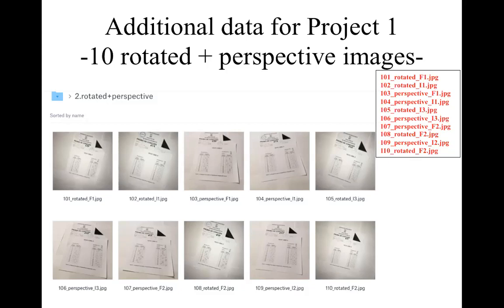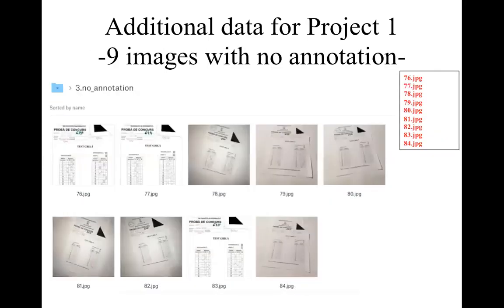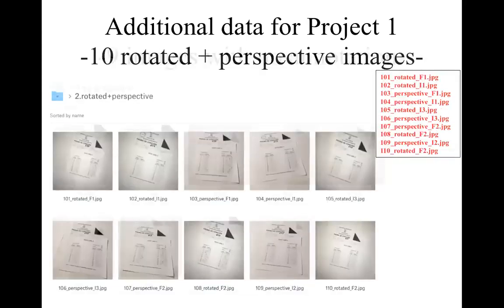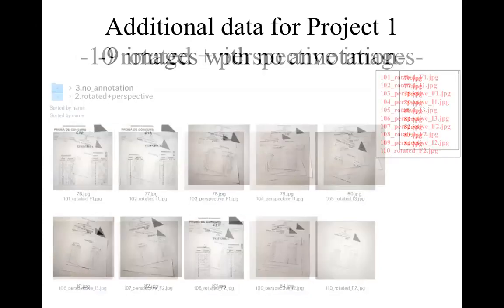In this folder we have 10 images, 5 rotated and 5 perspective, and here you also have the annotation. You know what the candidate has chosen, either informatics or physics, and the number of the variant.